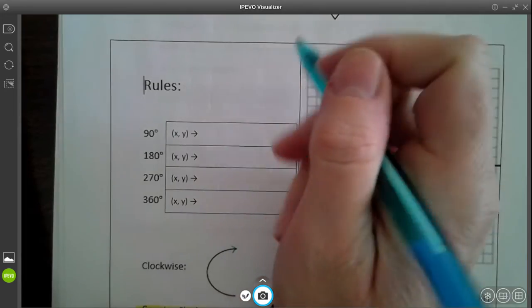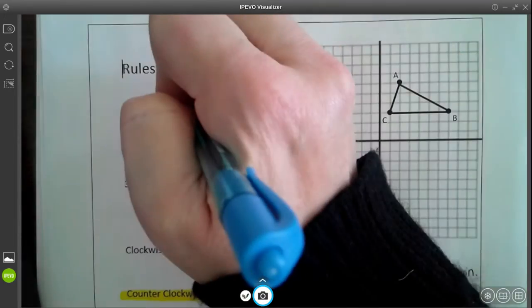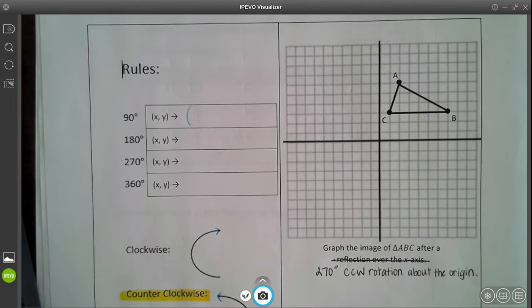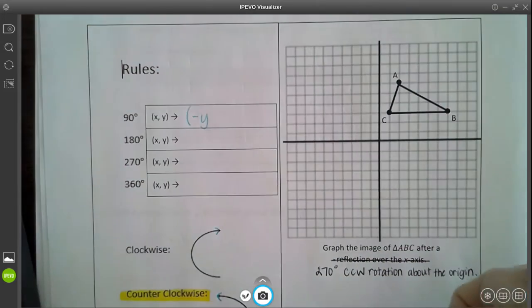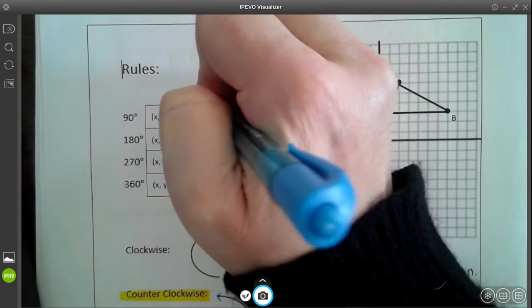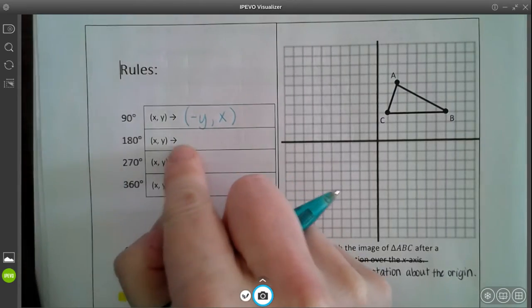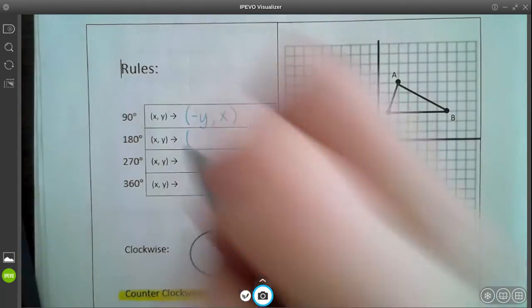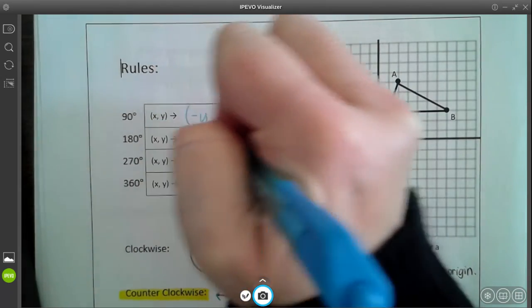Okay, so the rules for these, again, you're not going to have to memorize any of these, but what a 90-degree rotation does is it takes, first of all, the opposite of the y coordinate and then the x coordinate. Okay, a 180 rotation is going to take the opposite of both the x and the y.